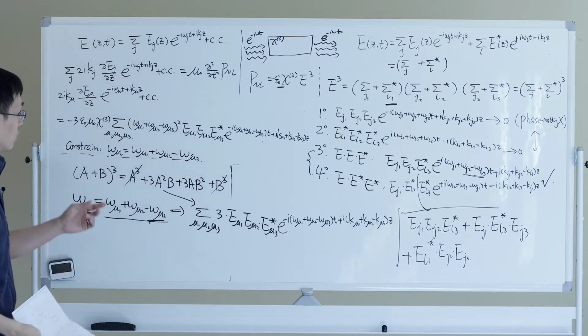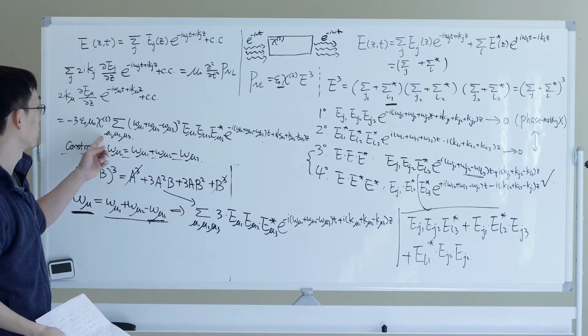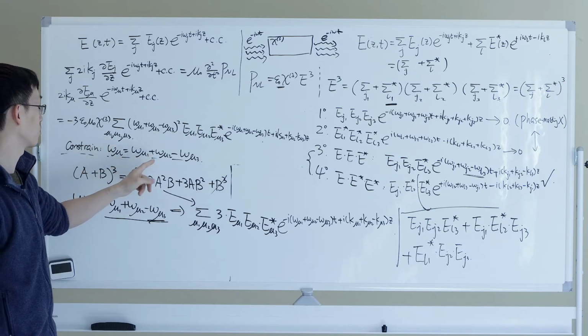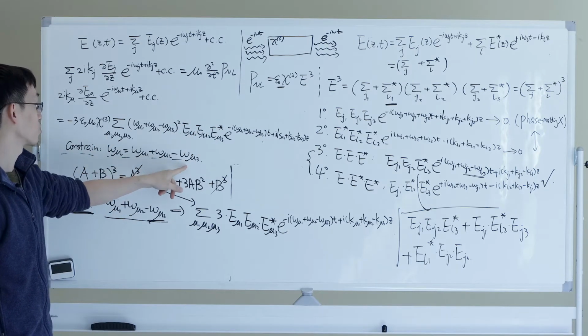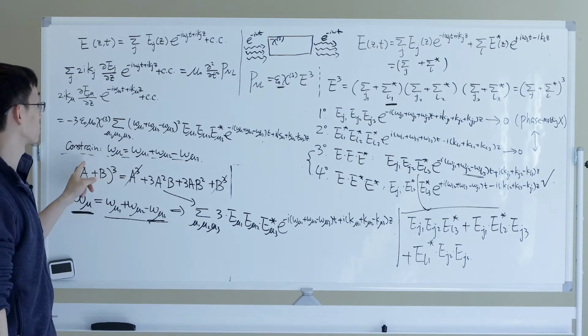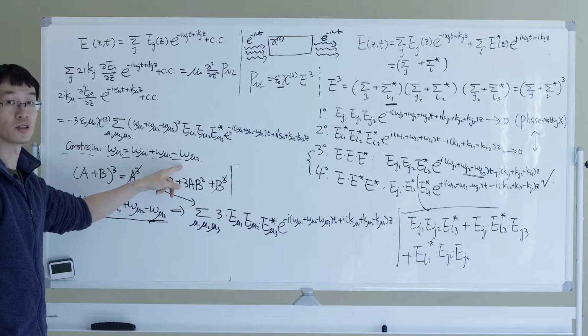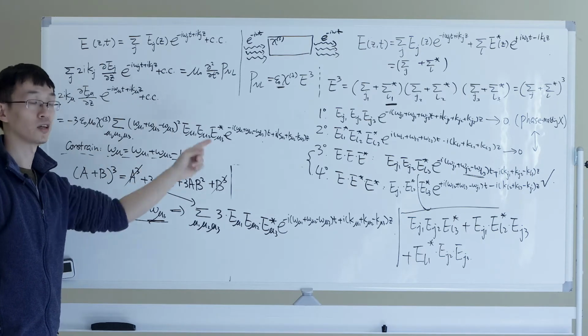The other way to think about this is that mu1 and mu2 can go through anything, but as long as you choose omega mu1 and omega mu2, your omega mu3 is fixed. So whenever you have a sum, the constraint eliminates one of the free indices.